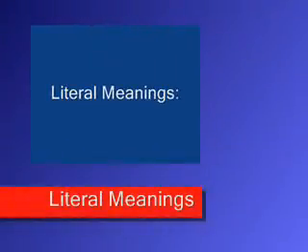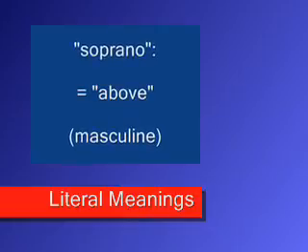Although we all have some notion of to what these names refer, you will be surprised what the literal meanings of these words tells us about them. The word soprano comes from the Italian word sopra, which means above, and certainly that accords with our notion of what a soprano is, that voice type that sings above the rest.